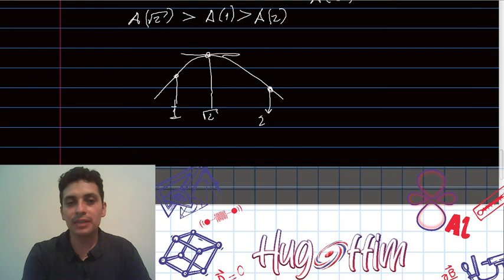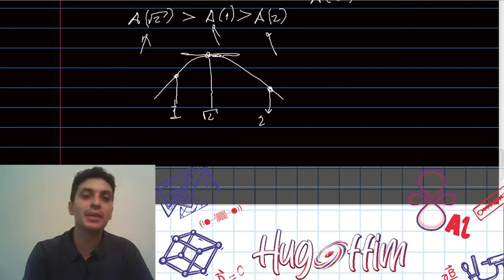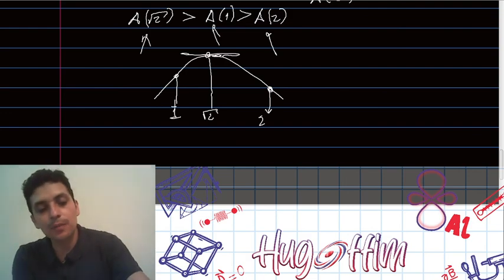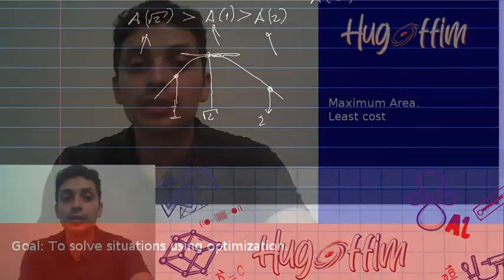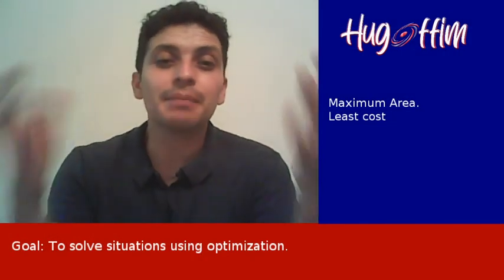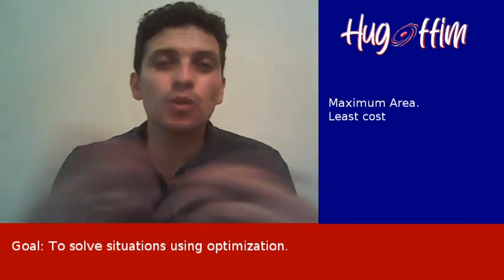So we have a maximum. If you get these two values greater than the third, we will have a minimum. And this is how you can find the relation between maximum and minimum area.